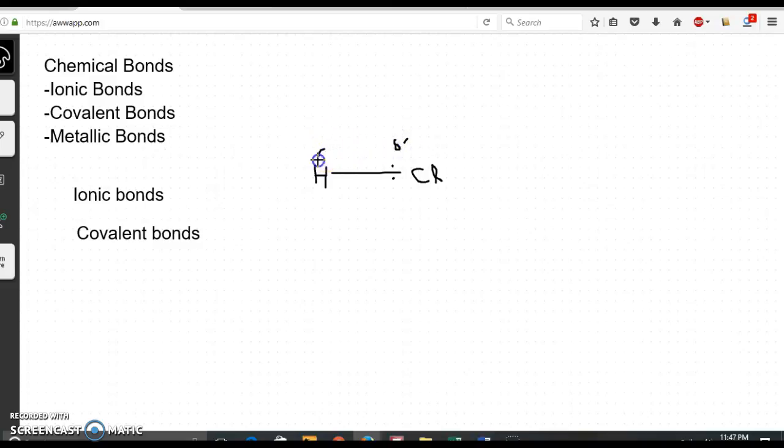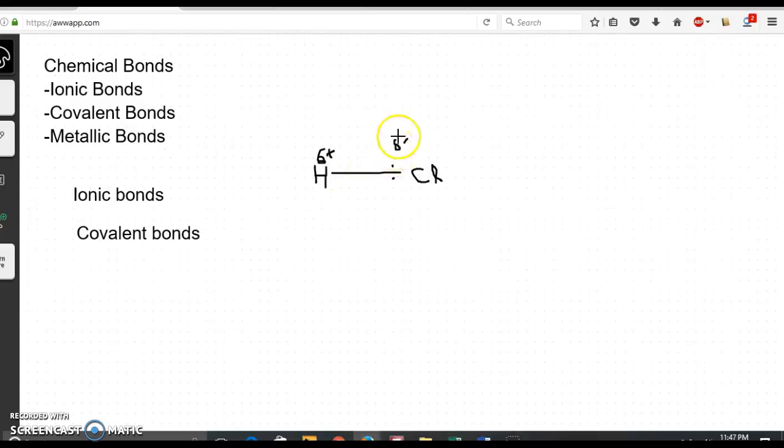Now here, delta negative or delta positive basically means a very small charge. So here chlorine has a small delta negative charge because the electrons are closer to chlorine, and hydrogen has a small delta positive charge because the electrons are not near hydrogen.